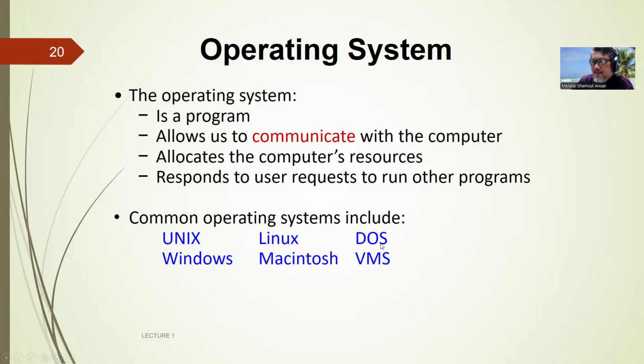DOS is pretty much like a blank space with a prompt, and you have to know how to find and open your directory, so you have to type things like that. Those were before Windows with the icons. And then you have Unix. Unix is also very popular, especially for science, technology and engineering.